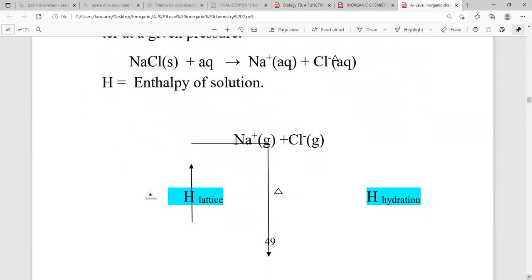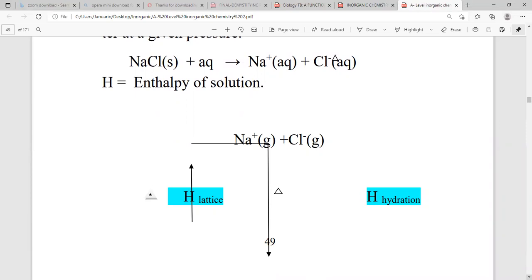So this takes us to the Born-Haber cycle, where you have sodium chloride salt plus water, which gives you Na+ aqueous plus Cl- aqueous. Down here, when you have the sodium chloride, it dissociates, by lattice energy, into Na+ gaseous and Cl- gaseous.